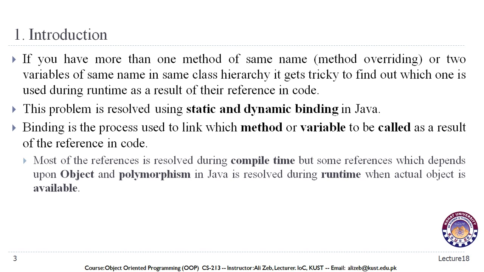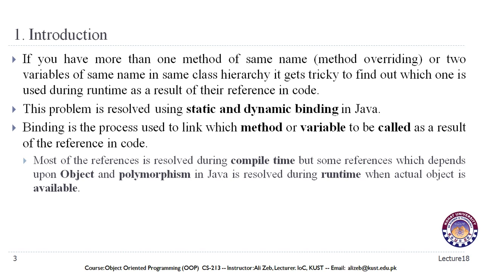But some references, which depend upon objects and polymorphism in Java, are resolved during runtime when the actual object is available, where we won't know until we run the program which method will be called or which variable will be used.